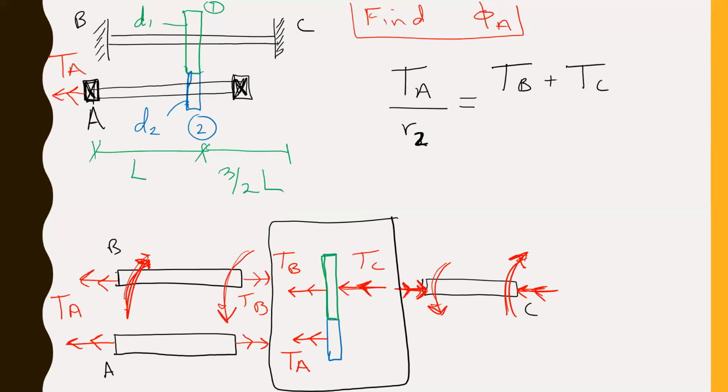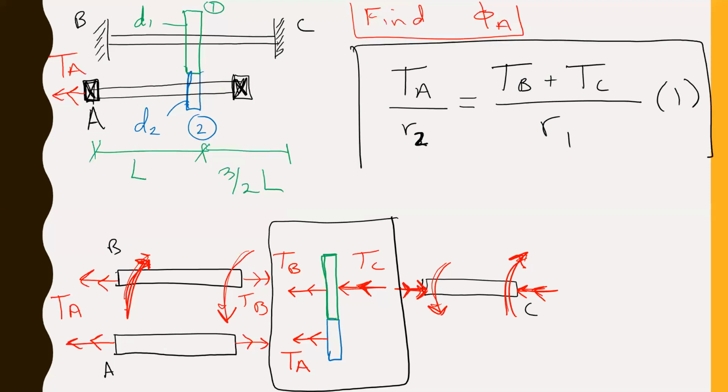So TB plus TC over the radius of that gear. That's what we can get from that free body diagram. And that will be our first equation. We'll call that equation 1. This is our equilibrium statement.